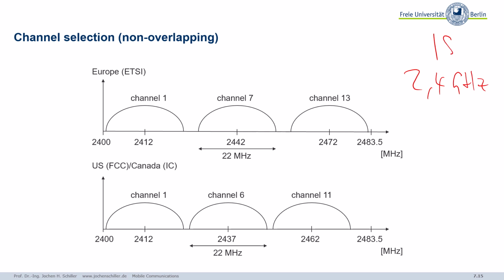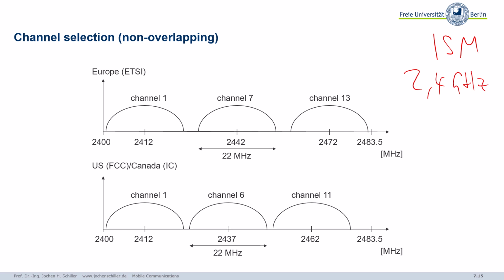That's the ISM band: industrial, scientific, medical. So that's a license-free band. Everyone can operate a device there as long as you stay within certain limits when it comes to radiation, so the output power is limited. And then within these frequencies, you or the systems have to organize themselves somehow. And you will find in the wireless LAN systems many channels, but only 3 non-overlapping channels. What does it mean?